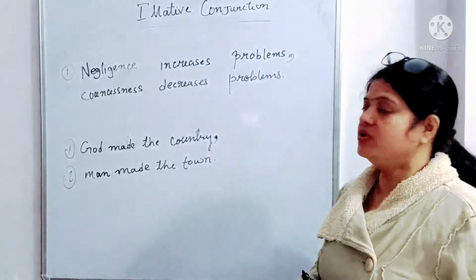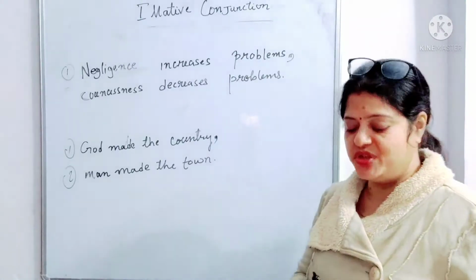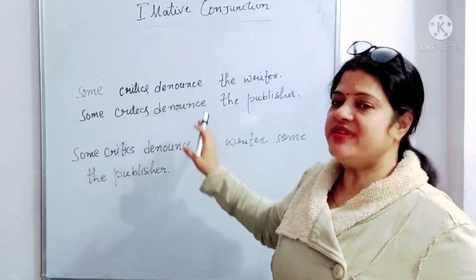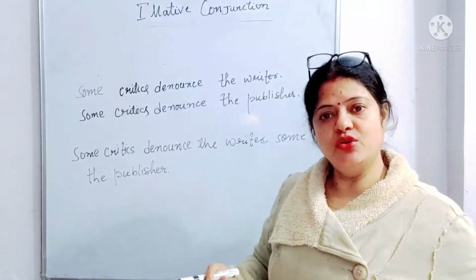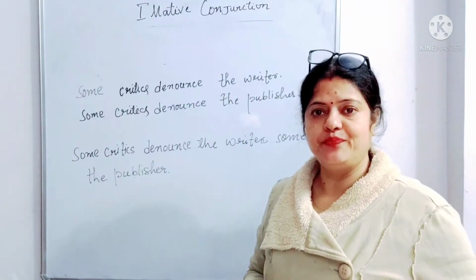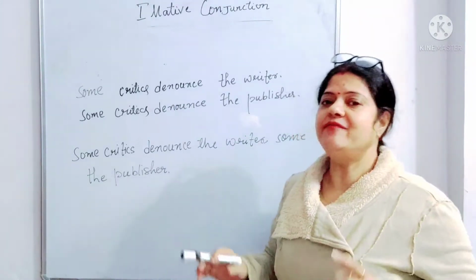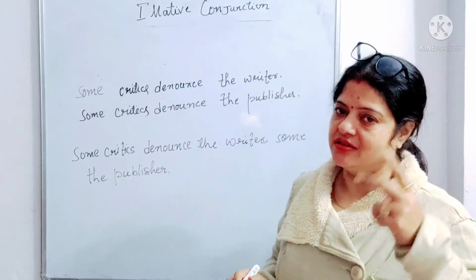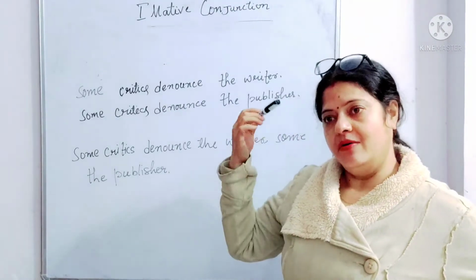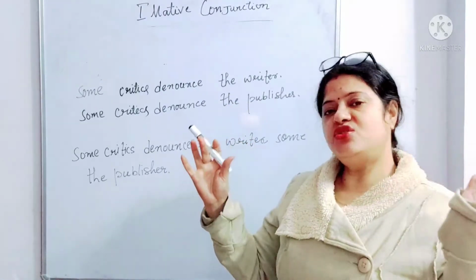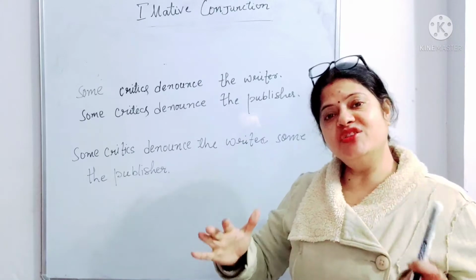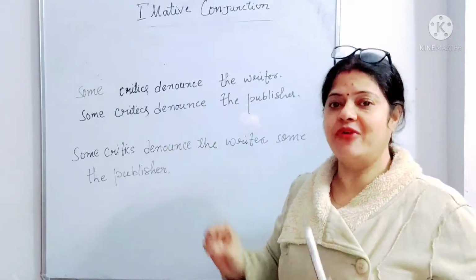Now let's see one more thing which I would like to discuss with you. Sometimes we have two sentences, and in those two sentences we find that we have the same verb. So when we have the same verb in the two sentences, and we add these two sentences to make one compound sentence, we generally don't write the second verb.